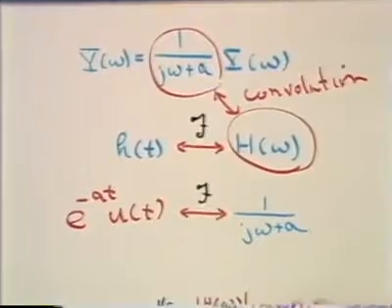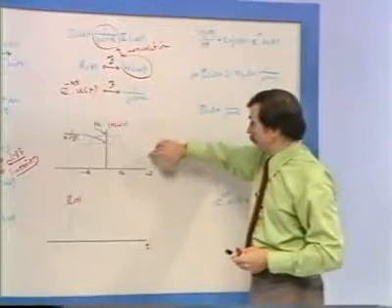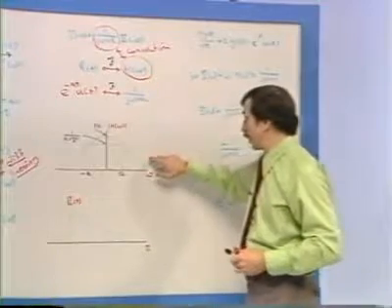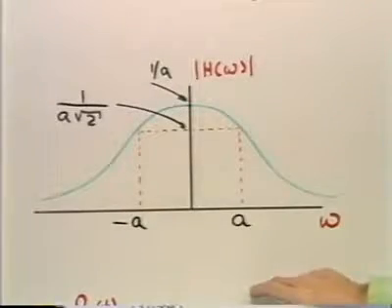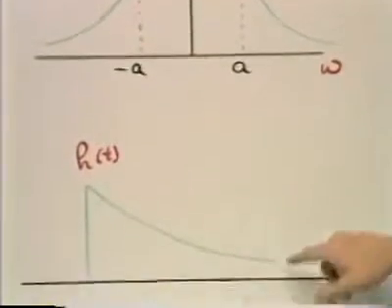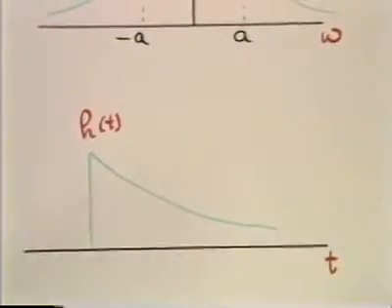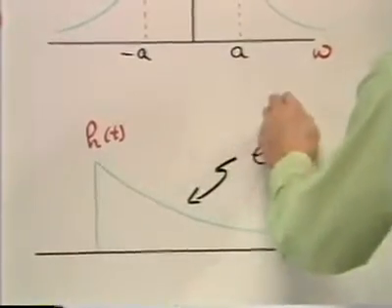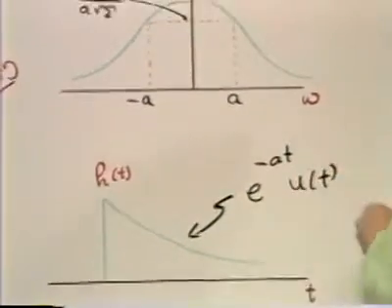Well, I've drawn graphically the magnitude of the Fourier transform here, and below it we have the impulse response. The impulse response is, as I just indicated, e to the minus at times u of t.